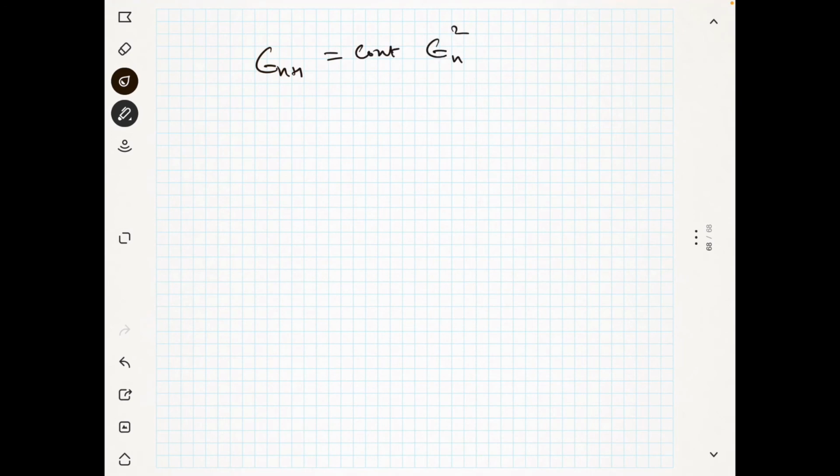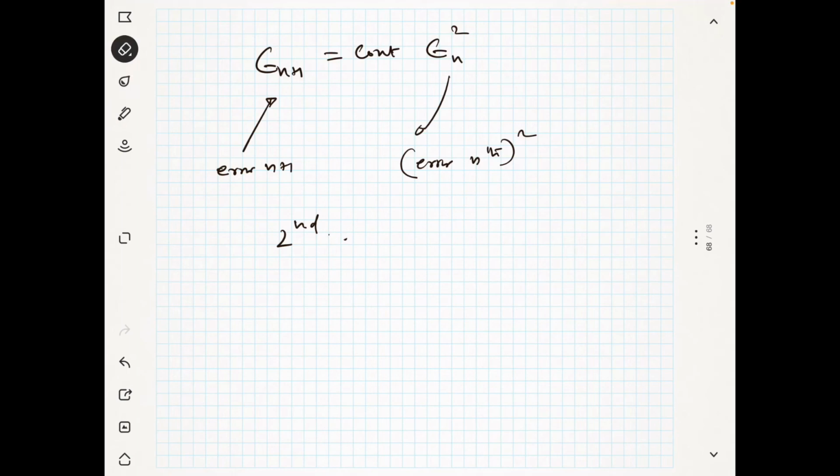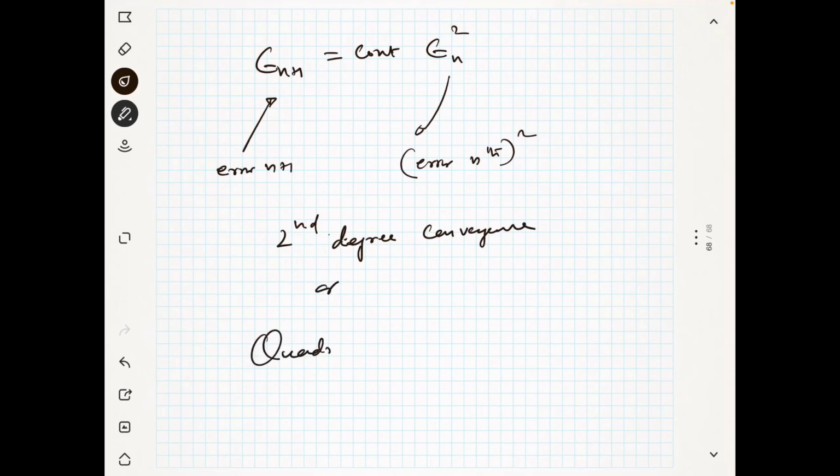So you see here, the error in the n plus 1th iteration is depending on the error in the nth iteration, and it is depending on the square of the error. So we will call it second degree convergence, or we can say that it is quadratic convergence.